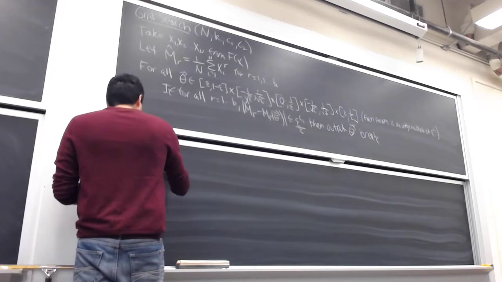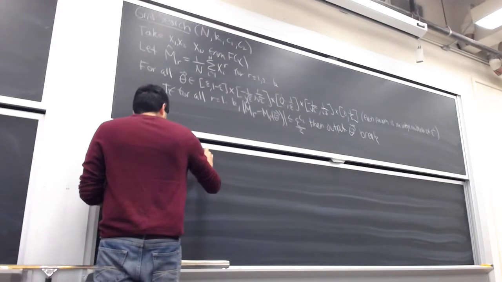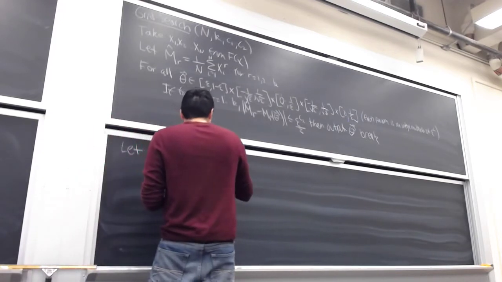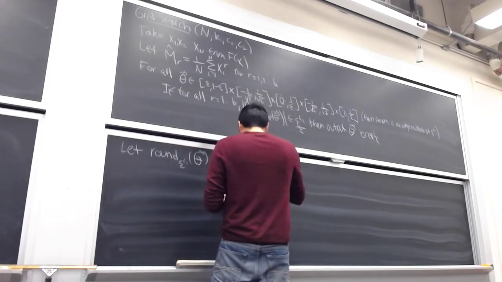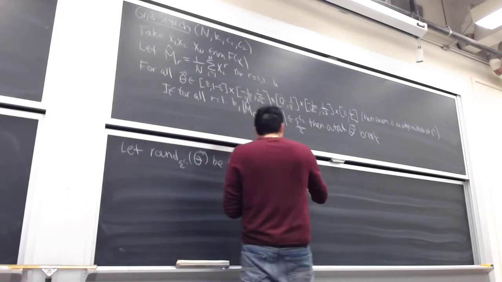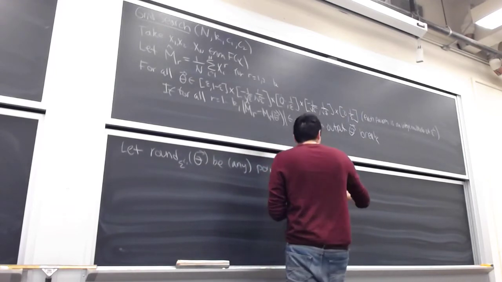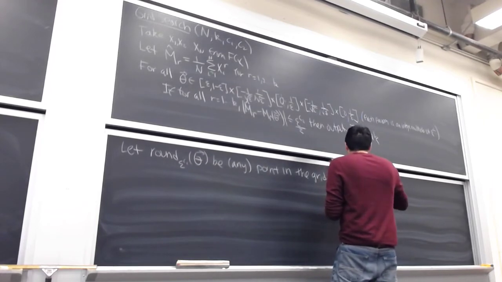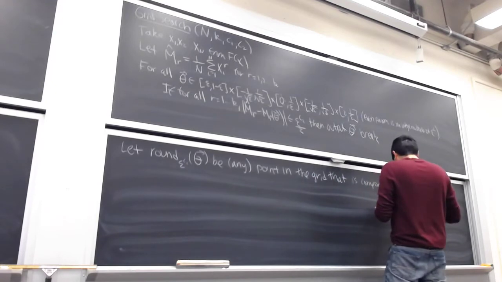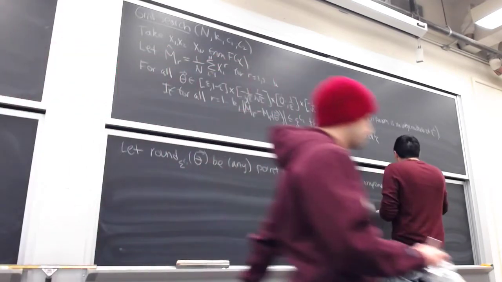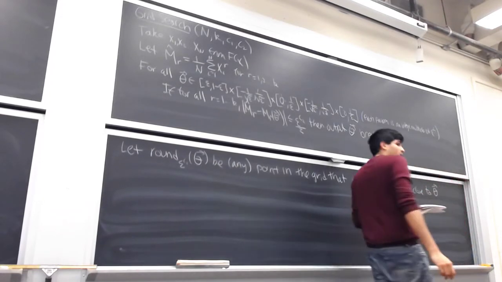I'll let round epsilon C1 of theta be any point in the grid that's component-wise epsilon to C1 close to theta, right?